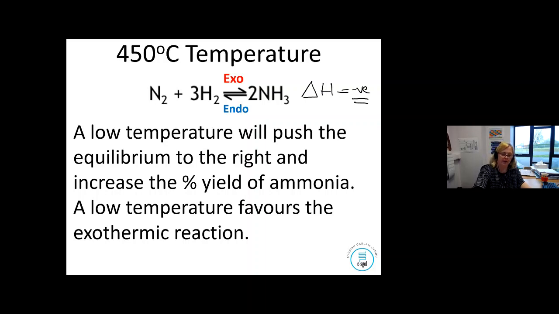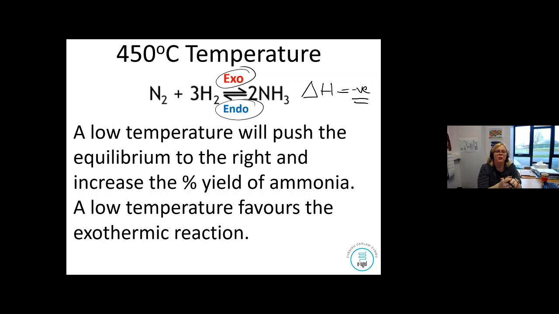So the key thing to get your head around here is that you do indeed have the forward reaction being exothermic, but that means that going backwards and remaking the reagents nitrogen and hydrogen would be an endothermic reaction. So that is a method that the system could absorb the energy you might be imposing on it.